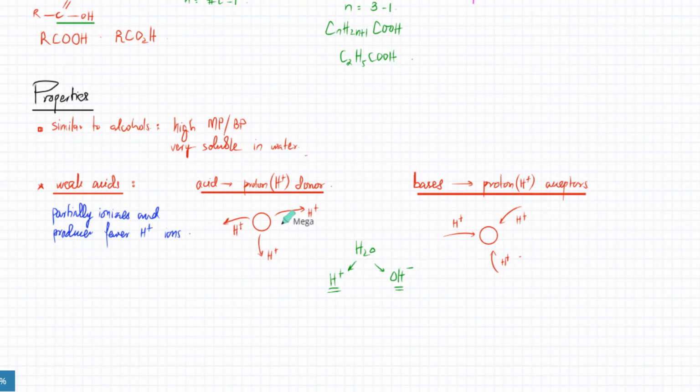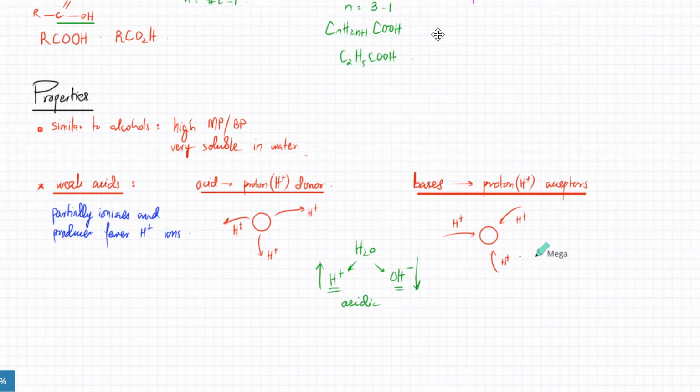If you add an acid, an acid is a molecule that starts producing H plus 1 ions, and when it starts to produce H plus 1 ions, the quantity of H plus 1 goes up and the quantity of OH ions, vice versa, goes down. So that is known as a solution being acidic.